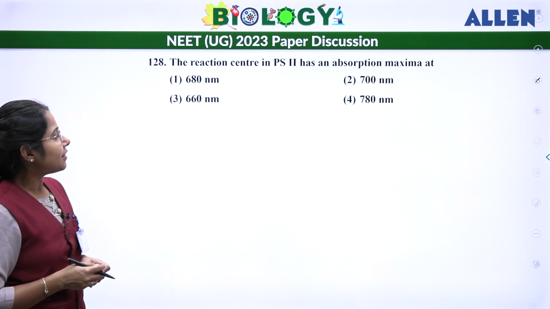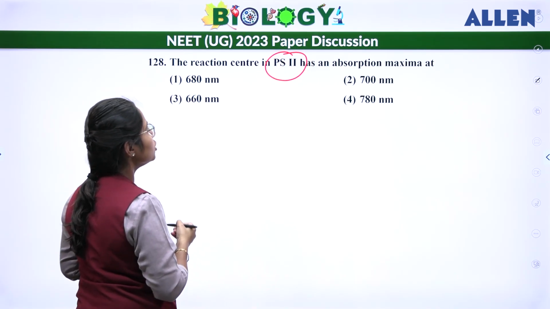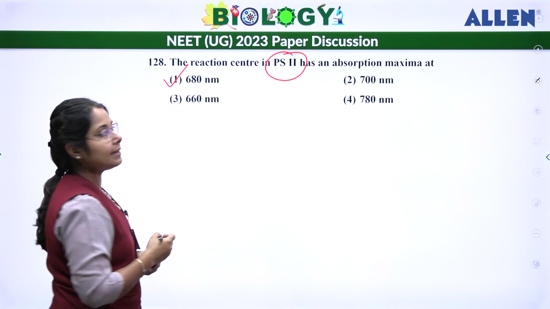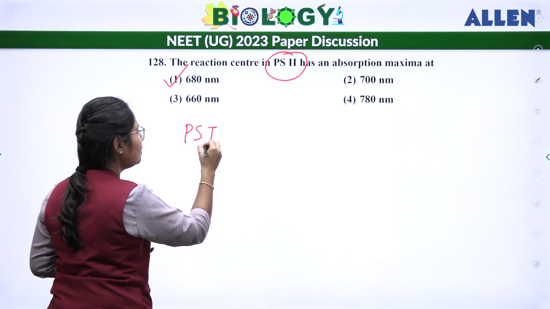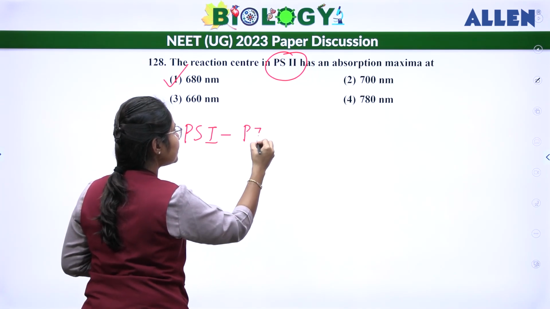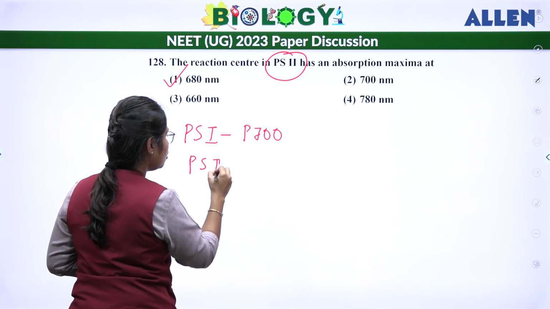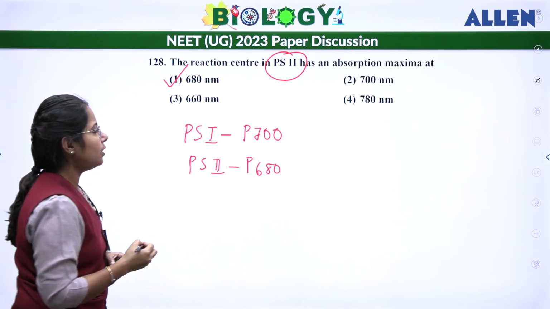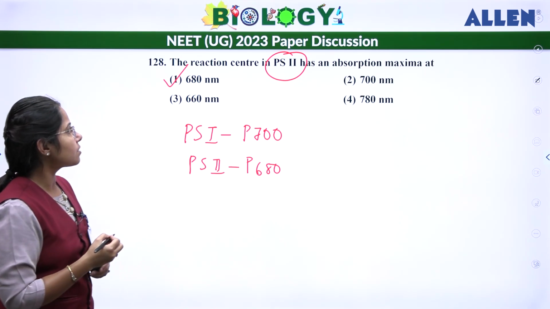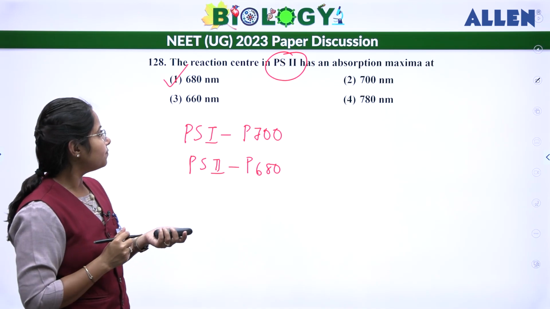Next, the reaction center PS2 has absorption maxima at 680 nanometer. PS1 will be P700 and PS2 will be P680.